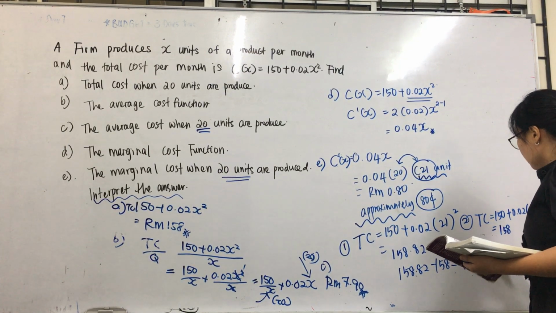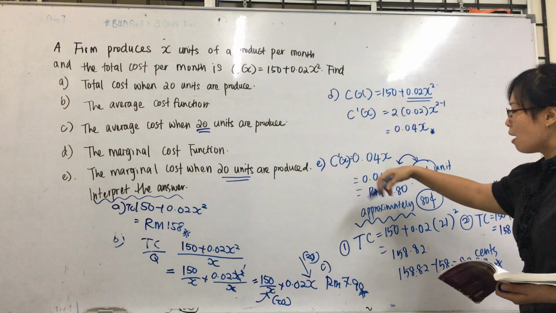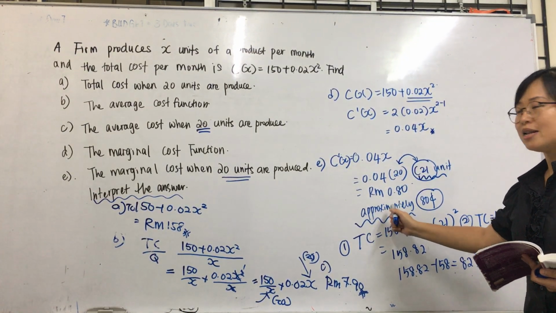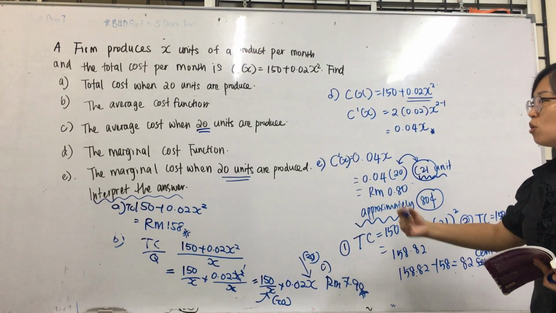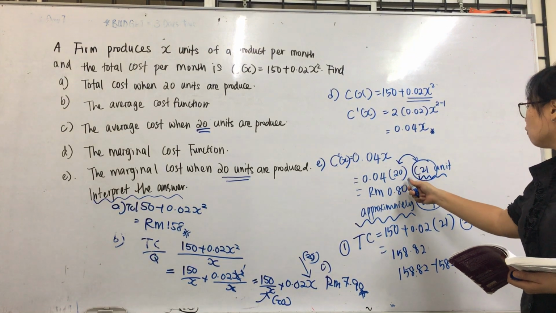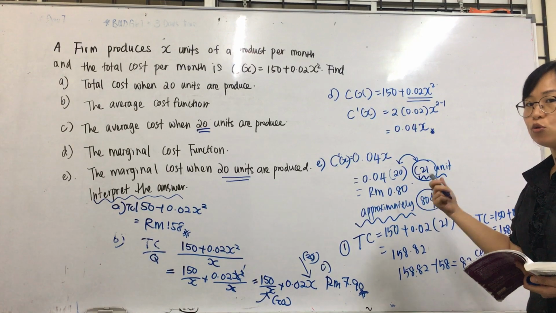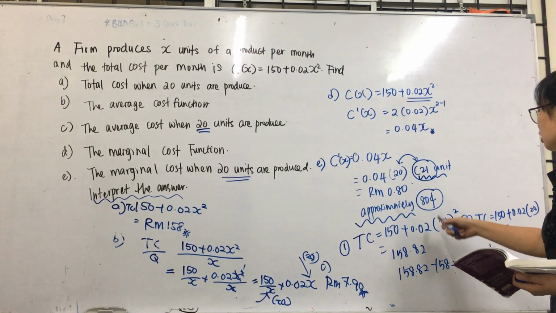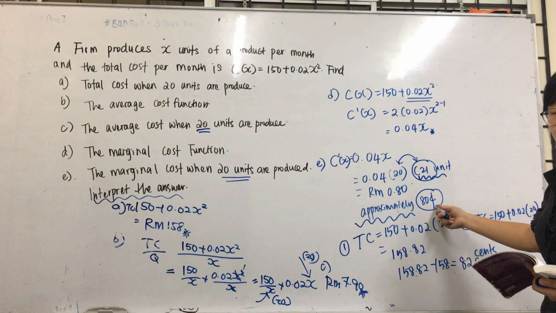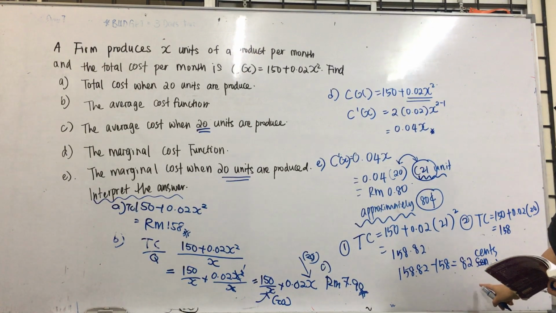Okay, 82 cents. So that's why in marginal cost we are using approximately 80 cents, because when you want to find the actual change of cost from the 20th unit to the 21st unit, the change of cost is approximately 80 cents for the marginal one. The actual one will be 82 cents.